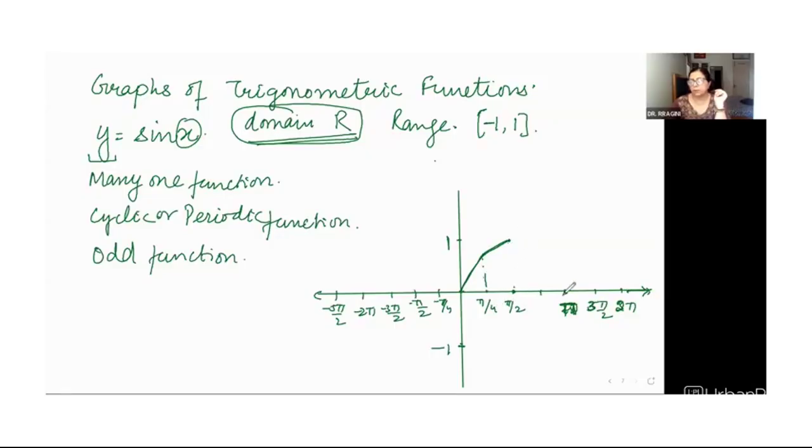Sine pi by 2 is 1. Sine pi is 0. So when it goes like this, it comes back to 0. Then sine 3 pi by 2 is -1. Come here. And then sine 2 pi is 0. Make it like this. This is one complete cycle of sine, right?